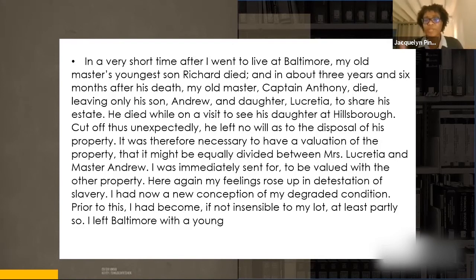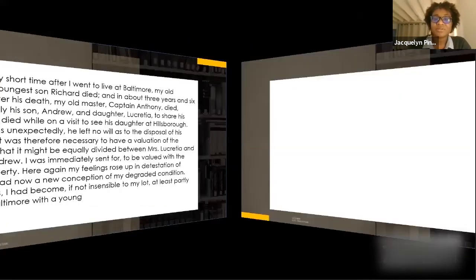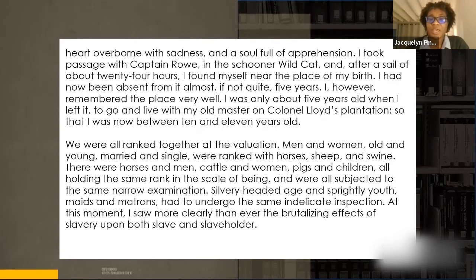They had to be evaluated, right? So there probably was some sort of resentment, some bitterness, some sadness, as it said, some unhappiness there. Detestation we saw there in the text, right? We see in the second paragraph, let's see if I can write here about how they're viewed and ranked just like the horses, sheep, and swine, right?